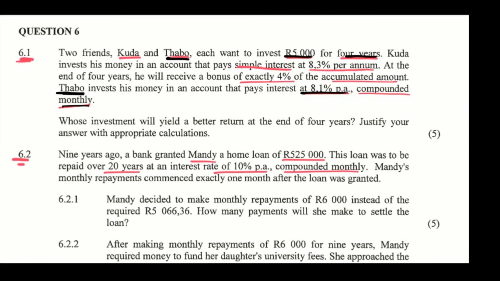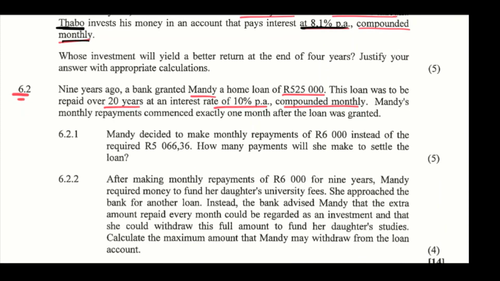Mandy's monthly repayments commenced exactly 1 month after the granting of the loan. 6.2.1: Mandy decides to make monthly payments of 6,000 instead of the required 5,066 Rand 36. How many payments will she make to settle the loan? This is pretty straightforward. I'm just going to write the information that we have here.